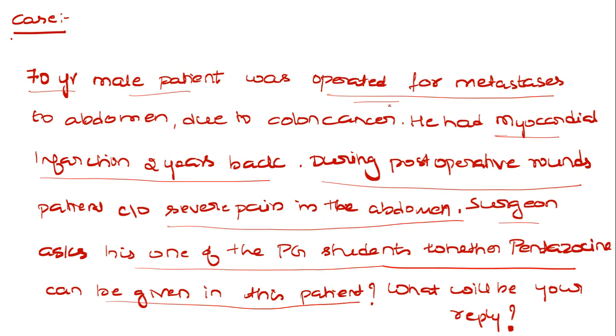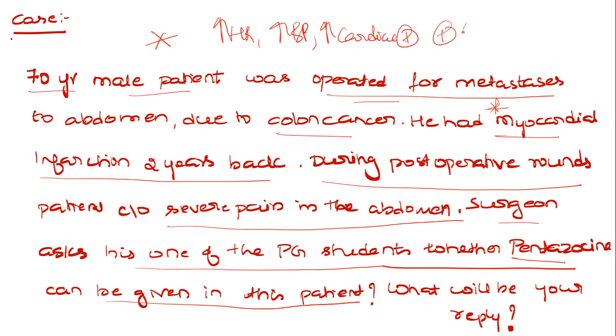It is a case of metastasis, already operated for colon cancer. So the pain may be due to the operation or due to the cancer itself, and the patient has had a myocardial infarction 2 years back. In such a patient, pentazocine should not be used because it increases heart rate, increases blood pressure, and also increases cardiac stimulation because it stimulates the sympathetic system.